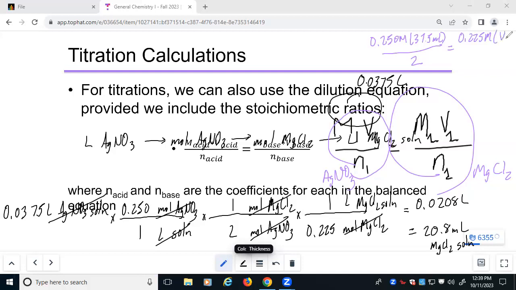We didn't know the volume. Its coefficient was 1. To get V2 by itself, I would have had to divide each side by 0.225 molar. So just doing that real quick.